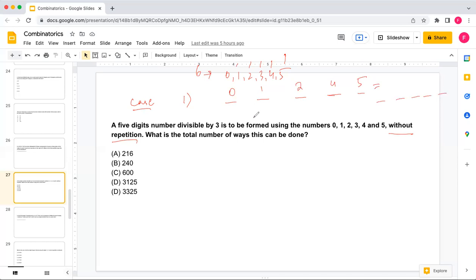The first value can't be 0, so you have 4 ways. And for the rest, you can arrange in 4 factorial ways, 4, 3, 2, and 1. So this is 4 into 4 factorial. What is 4 into 4 factorial? That is 96.